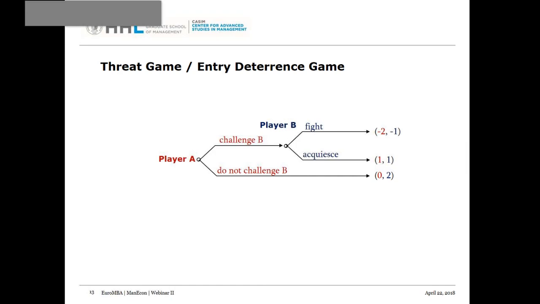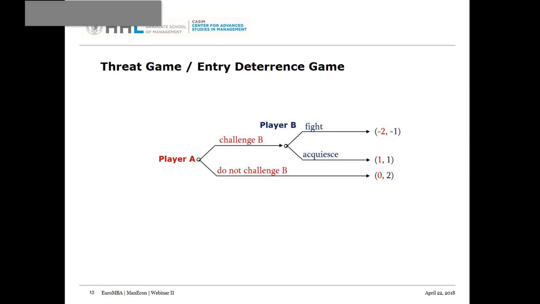And how can we think about fighting? What do we mean? Fighting could be a price war. So we could think of reducing the price using either limit prices, so prices equal to the marginal cost, or predatory pricing, so that the price is below marginal cost, or we can think of other ways of limiting the profit of the opponent if they are part of the same, let's say, supply chain.